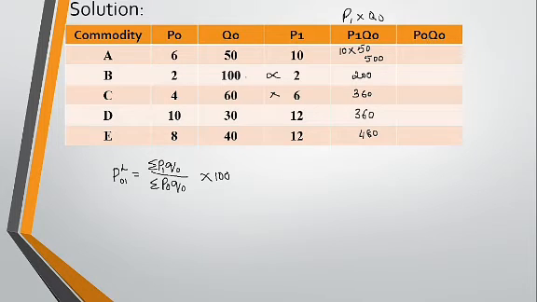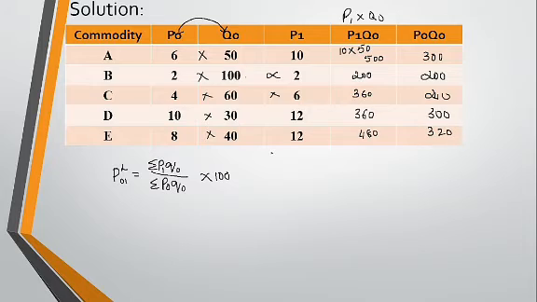Similarly you have to calculate P0 Q0, because in the formula we need P0 Q0. How to calculate P0 Q0? It is the price of the base year into the quantity of the base year. So you have to multiply these two. 6 into 50 is 300. 2 into 100 is 200. 4 into 60 is 240. 10 into 30 is 300. 8 into 40 is 320.